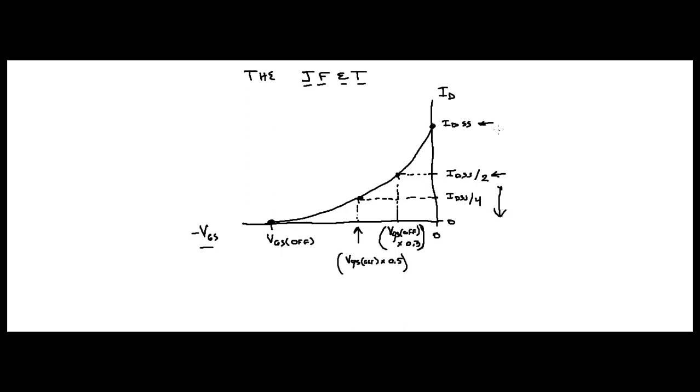If VGS can vary, it can vary quite a bit, as long as it varies so that your ID doesn't attempt to go beyond IDSS, or your VGS doesn't go lower than VGS off. It will always be on this curve.